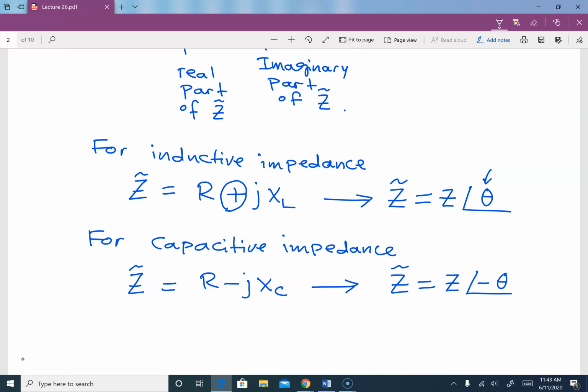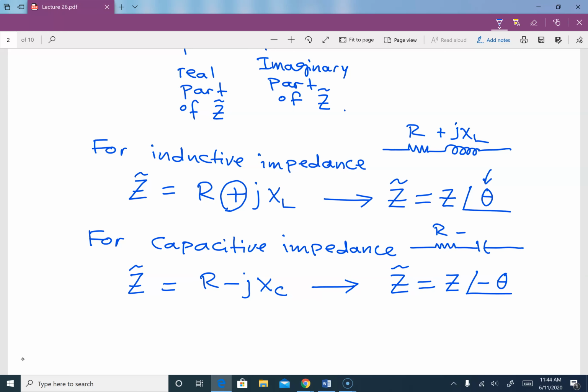So now when we are saying that inductive impedance, the inductive impedance look like this. A resistance connected with an inductance. And for capacitive impedance, we have our R connected with a capacitance.